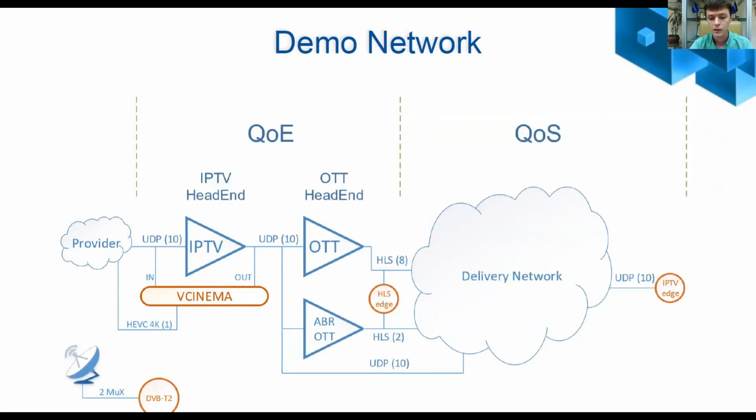We also installed one HLS probe that is monitoring all our HLS streams, and one probe monitoring our UDP streams in our local network. And we also installed a probe for DVB, as I already said. So let's move to our service, and I'll try to show you all that I already told you.